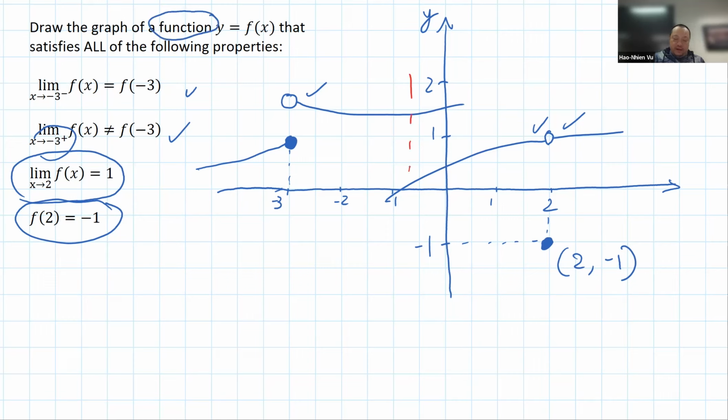A function cannot fail the vertical line test. A function, when given an x value, can only have one y value. It cannot have two y values. So that would be something that's wrong. So the easiest thing is actually just connect these together. Then we're fine.